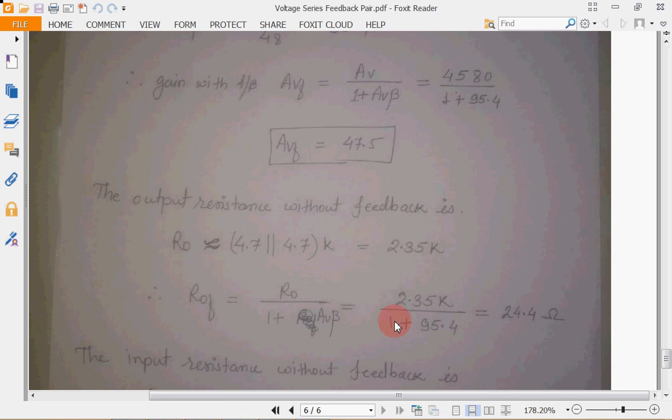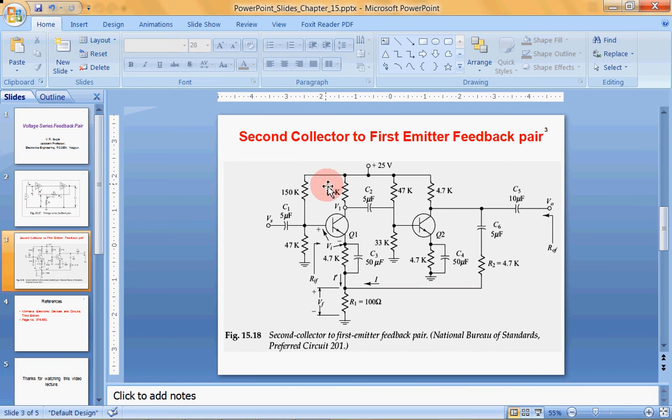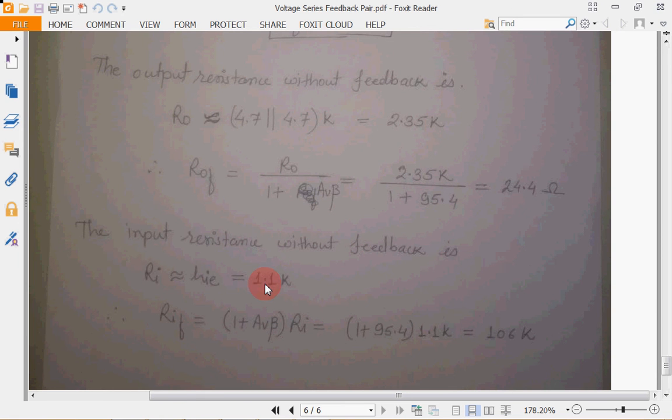Similarly, the input resistance without feedback is what? The input resistance of this complete stage is nothing but the HIE of this transistor Q1, that is 1.1k, and the input resistance with feedback is given by 1 plus AV beta into Ri.